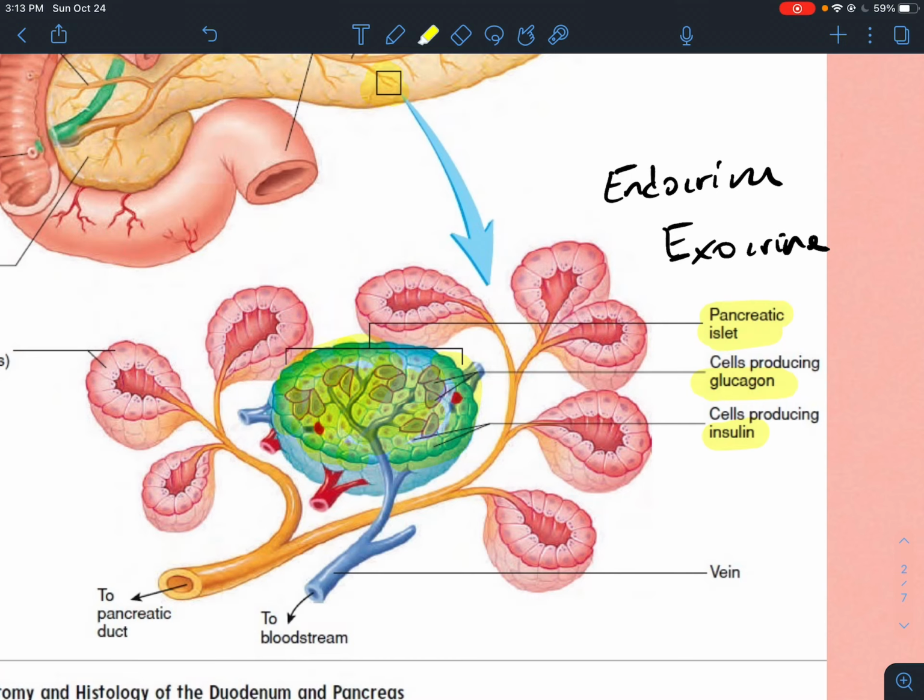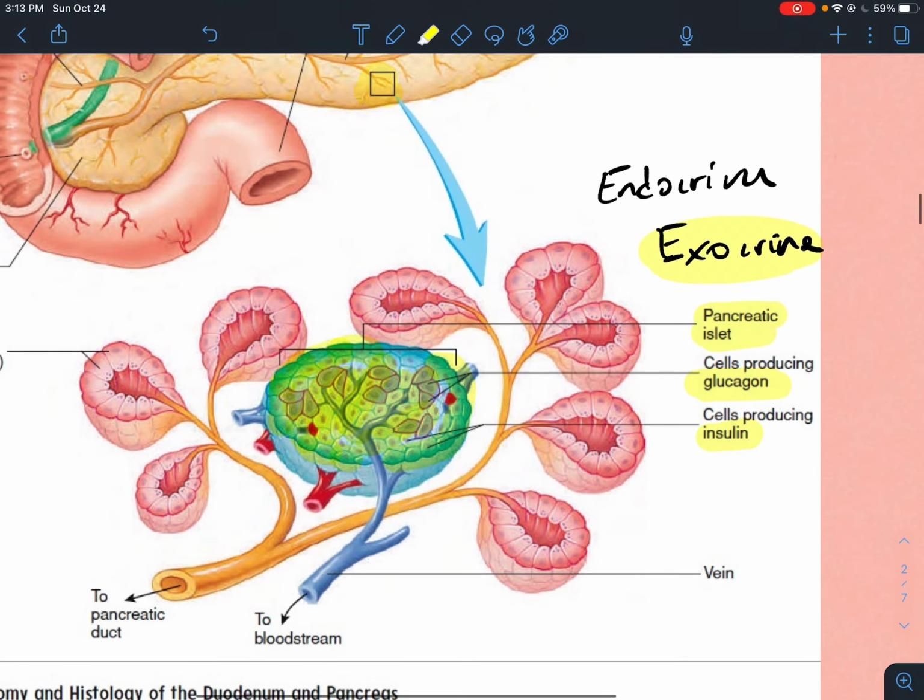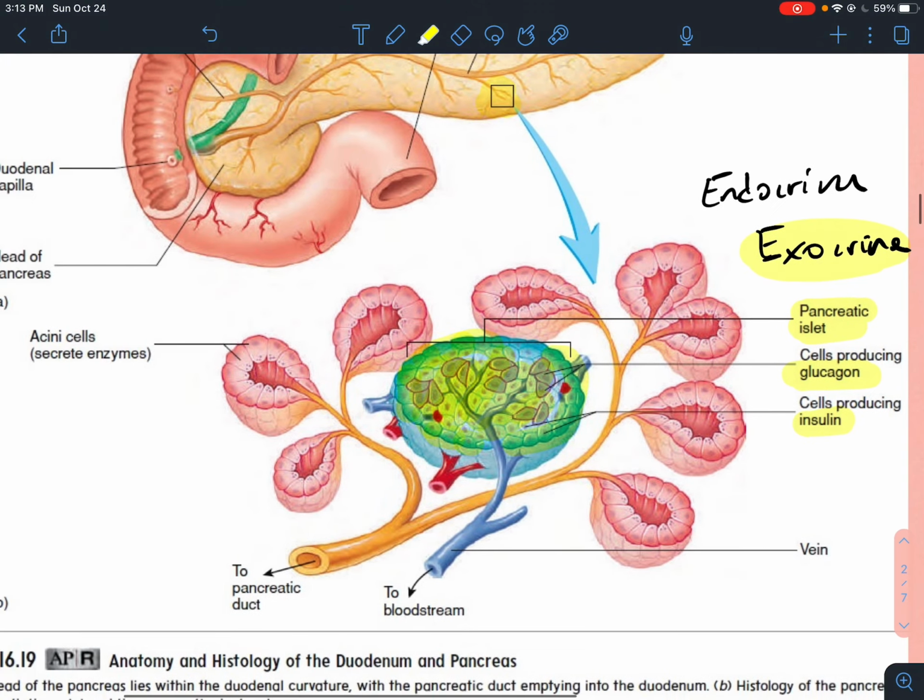But today our conversation deals primarily with instead the exocrine portion of the pancreas. And that's coming out of these pink structures known as acini. And you can see how they circle about around a structure that eventually leads into a duct in order to send off this exocrine secretion.